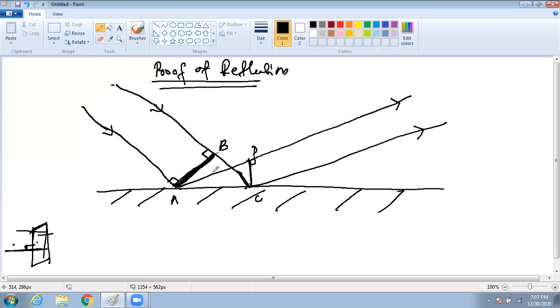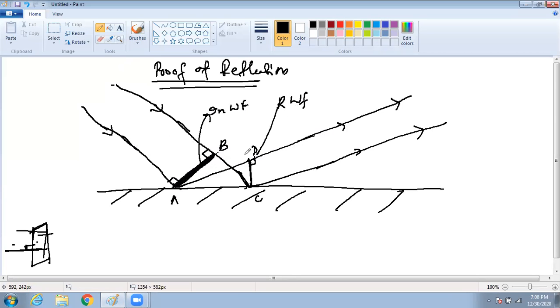Can you repeat it, sir? Okay, see, this is the wavefront, a planar wavefront. The planar wavefront will come and hit the surface and will reflect, like how the rays are going. These are basically incident rays, and these are reflected rays. Similarly, this is the incident wavefront, and this is the reflected wavefront.